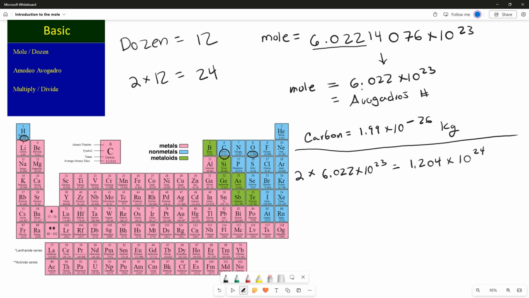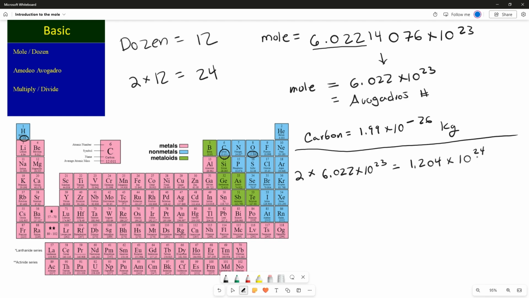And again, depending on how your calculator rounds, you might get 1.205 or 1.203. That's fine. The important thing is that you're getting times 10 to the 24th. If you're not getting that, you're putting the numbers incorrectly into your calculator.